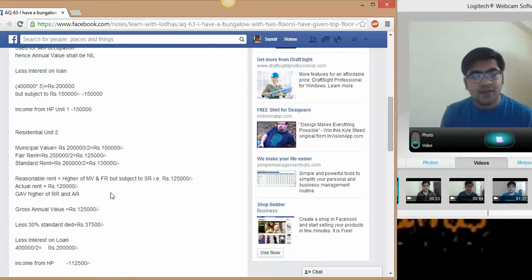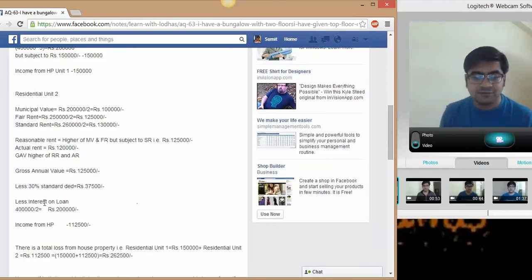We compare it with actual rent. Actual rent is less than the reasonably expected rent, so the reasonably expected rent of 1,25,000 becomes the gross annual value.